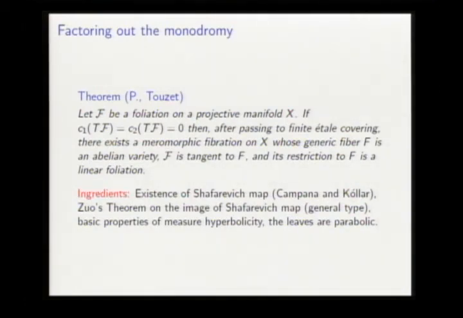We use the theorem by Zuo on the image of the Shafarevich map, which says that when the group is simple, non-abelian, then the image is of general type. We have to do a lot of reductions, but that is the idea. We use basic properties of measure hyperbolicity and the fact that the leaves are, of course, parabolic, as they are covered by Euclidean spaces. Okay?